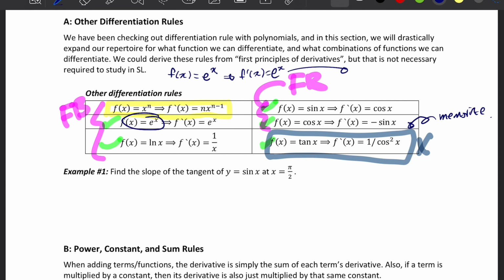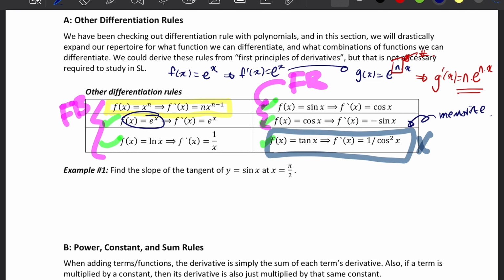However, if there's a function g of x that equals e to the power of n times x, where n is a number, when you differentiate this, g prime of x equals n times e to the power of n times x. So it kind of uses the concept of the power rule too.